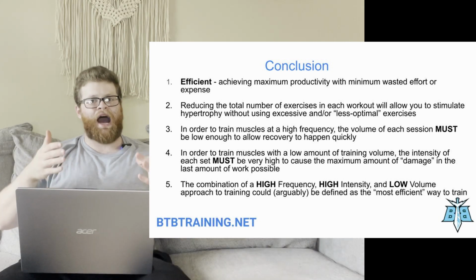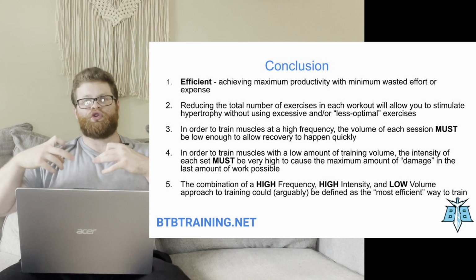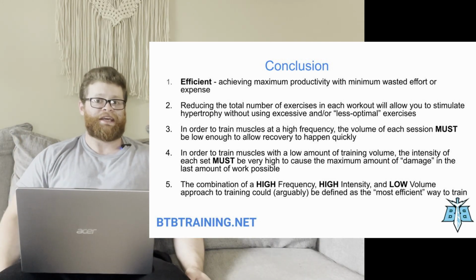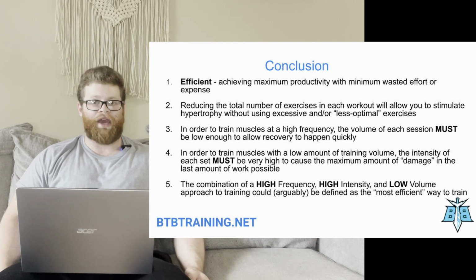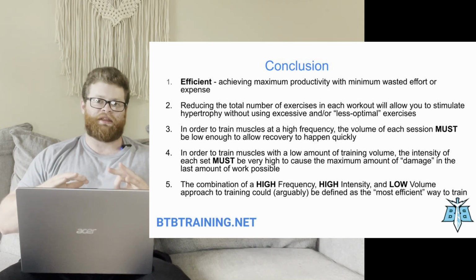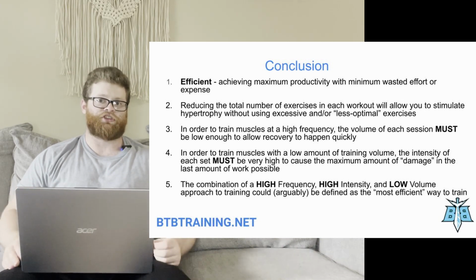And so I think the combination of a high frequency, low volume with high intensity type of setup is going to be the most efficient way to set up your training program so that you're maximizing the amount of bang for your buck work that you're doing, and you're minimizing the amount of fluff outside that is going to negatively impact your recovery.